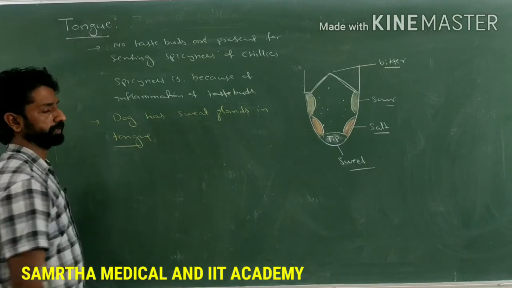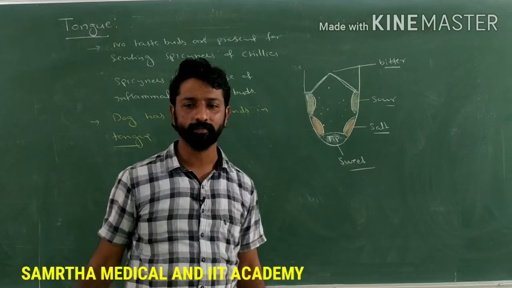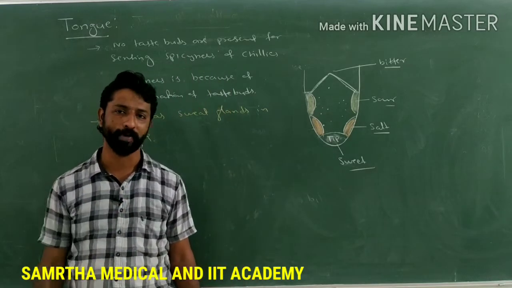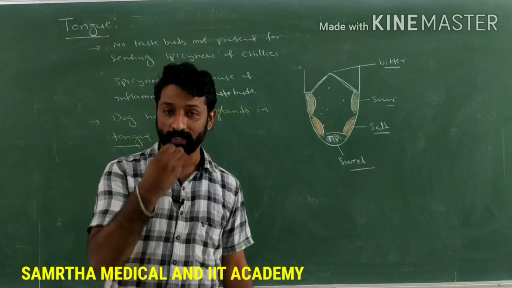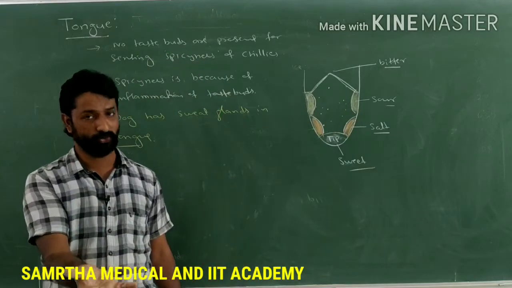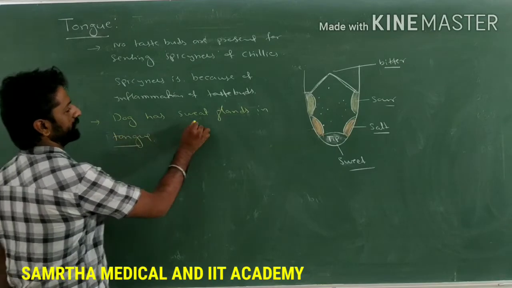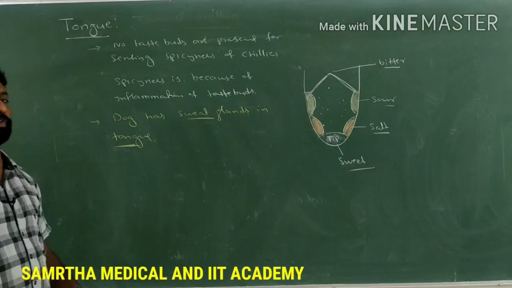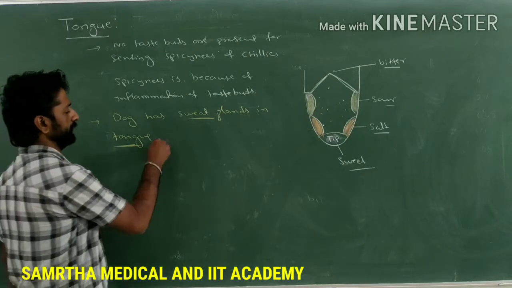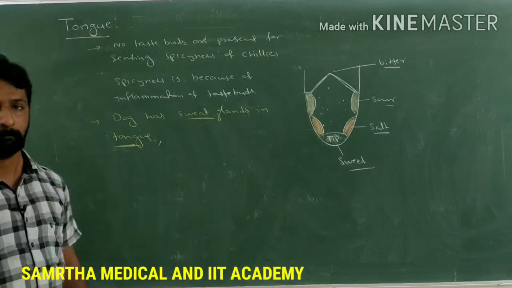You might have observed that a dog keeps its tongue outside, always open outside the mouth, right? Why does this happen? Not for saliva, but in order to release sweat. As it has sweat glands in the tongue, it very often secretes sweat from the tongue, and that process is called panting.